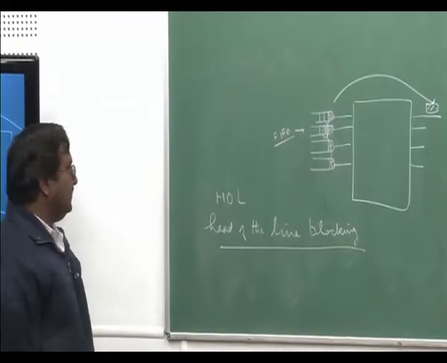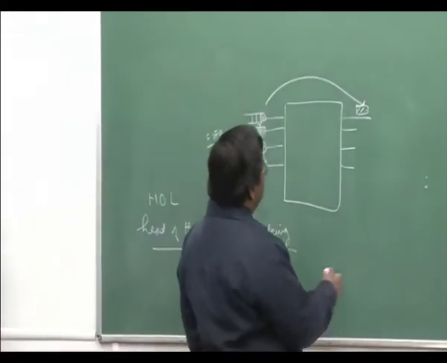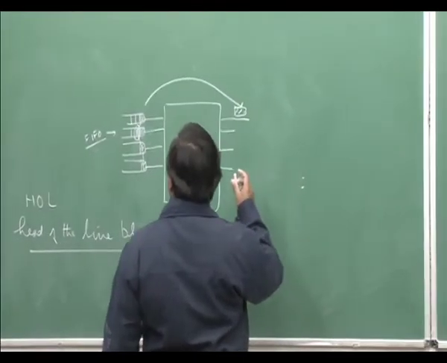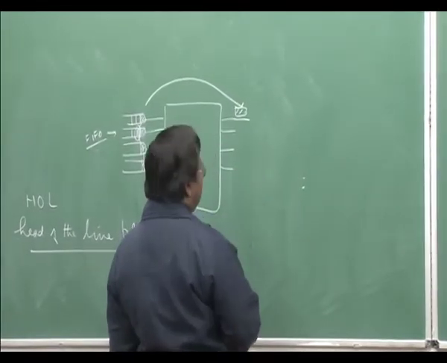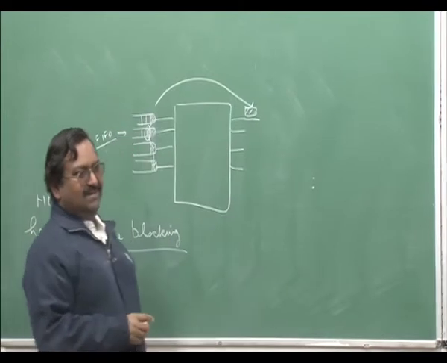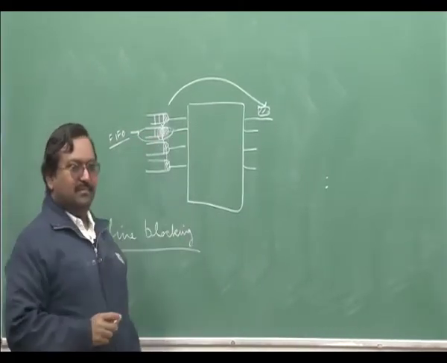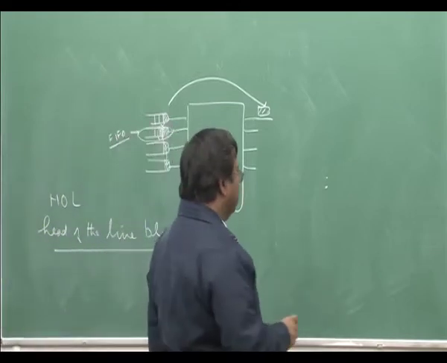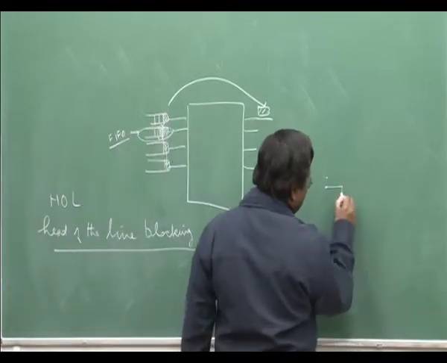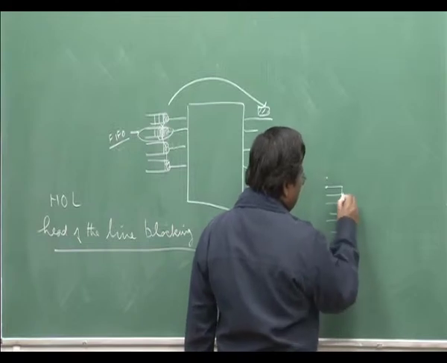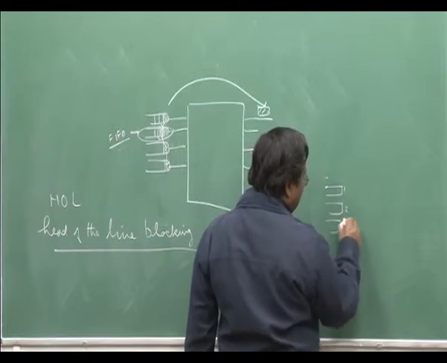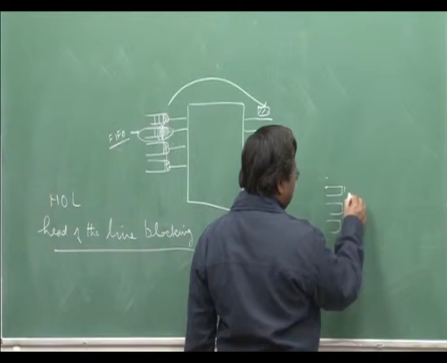So the next variation of this is a situation where these buffers are not managed as a single queue. They can be managed as a hybrid multiple queue. For each input port, I can have 1, 2, 3 queues, depending on the number of ports, because there are n ports.